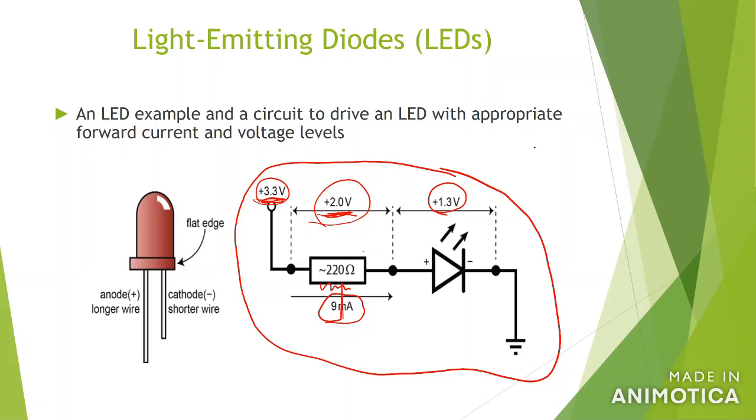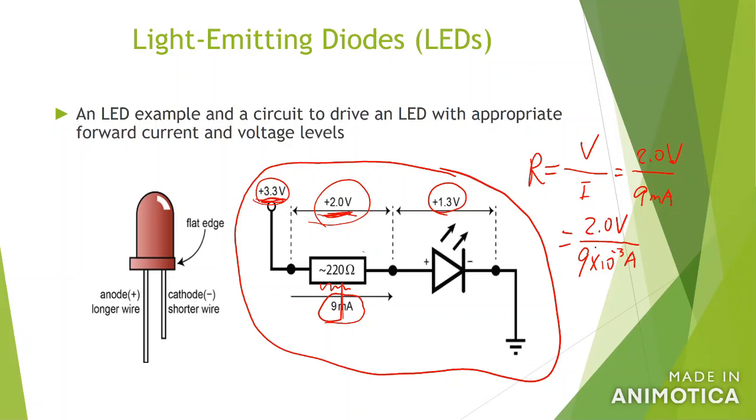So the resistance, according to Ohm's law, should be V over I, and V is 2.0 volts, and I is 9 milliamps. So it's equal to 2.0 volts over 9 times 10 to the power of negative 3 amps, because for Ohm's law you have to use amps, not milliamps.